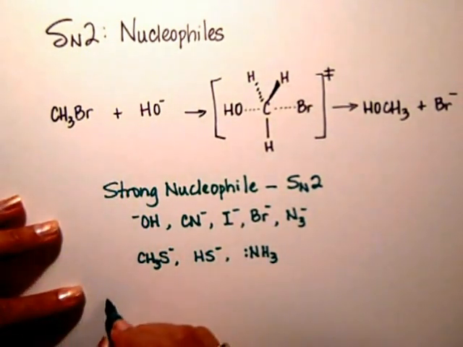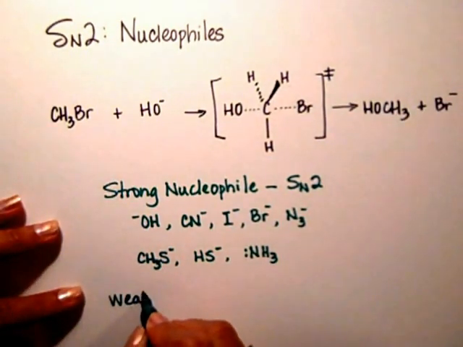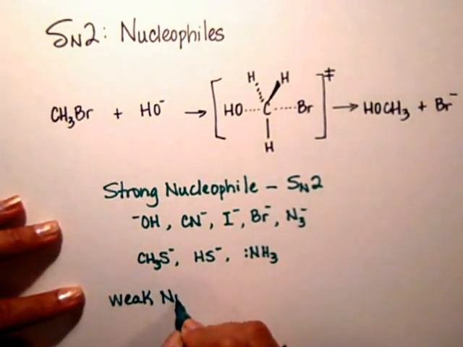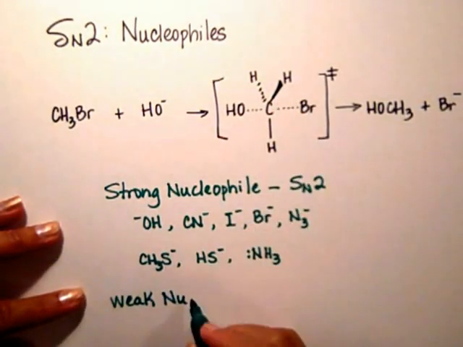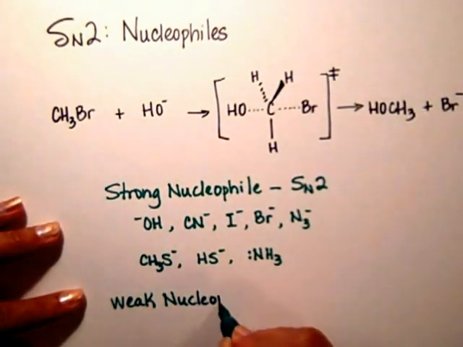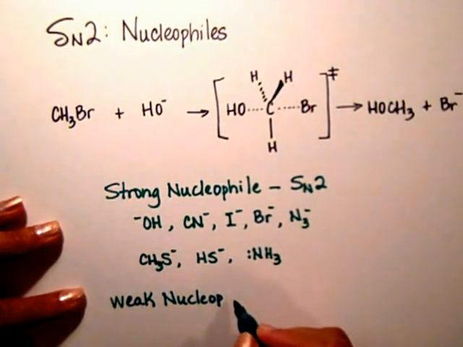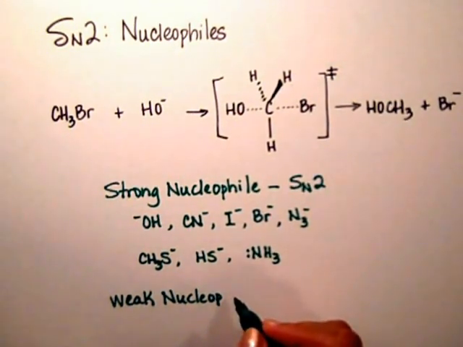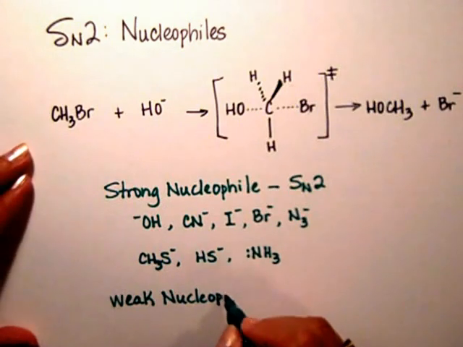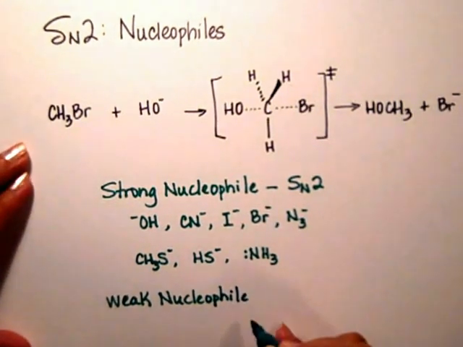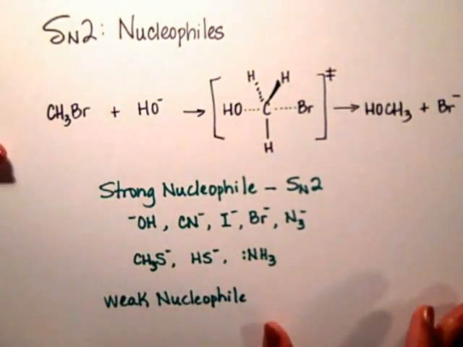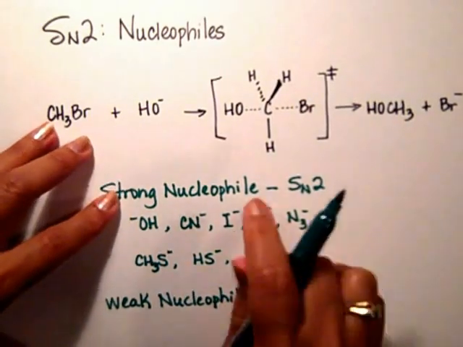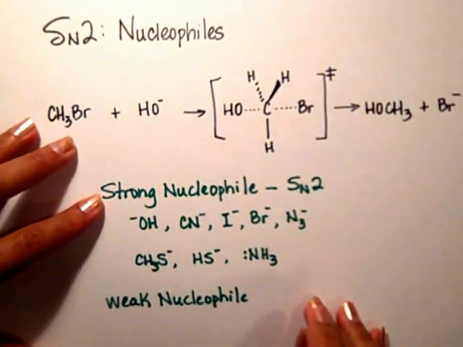In terms of weak nucleophiles, they are not going to be able to form your pentacoordinate intermediate, because a weak nucleophile is not strong enough to actually find a partial positive carbon. That and the pentacoordinate intermediate is going to have a lot of steric hindrance.